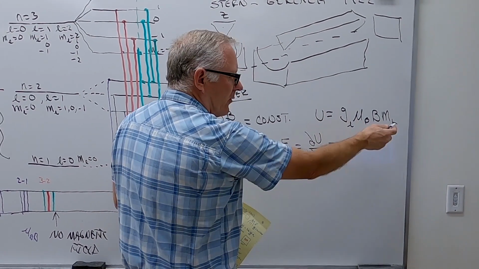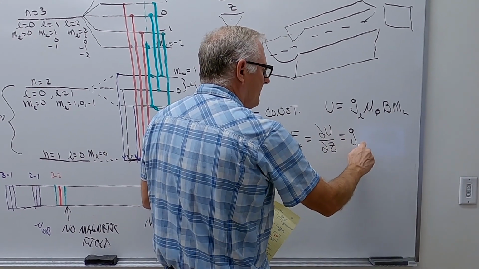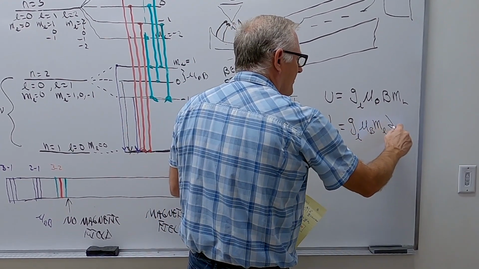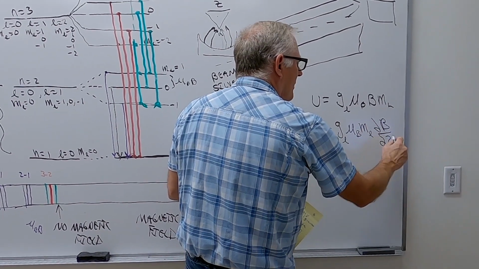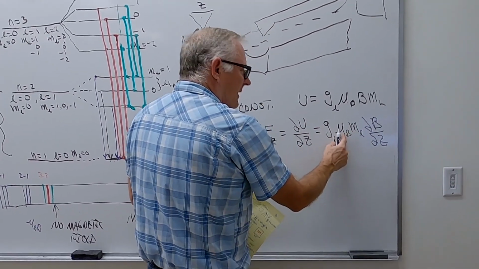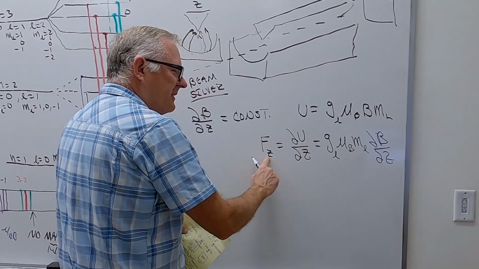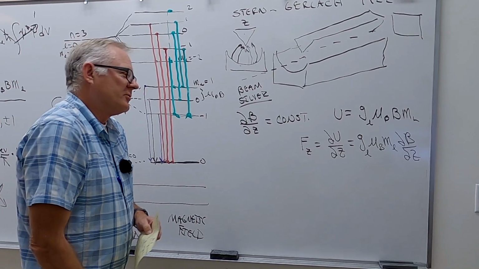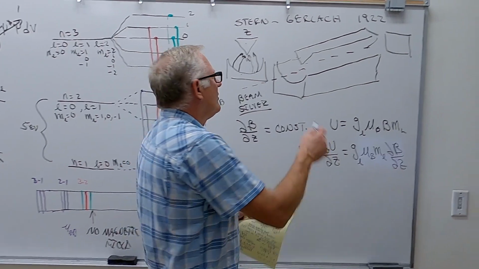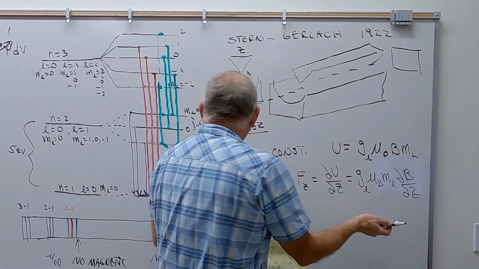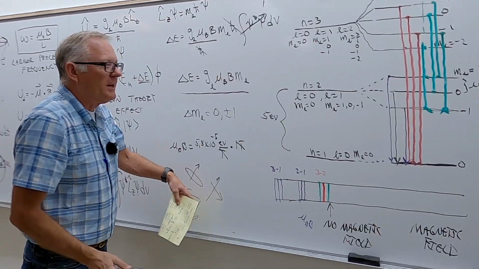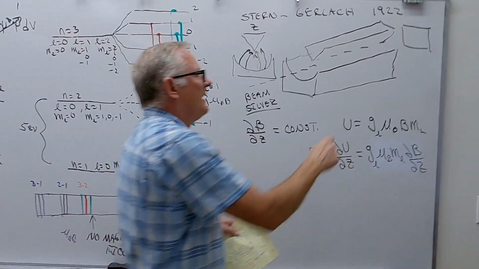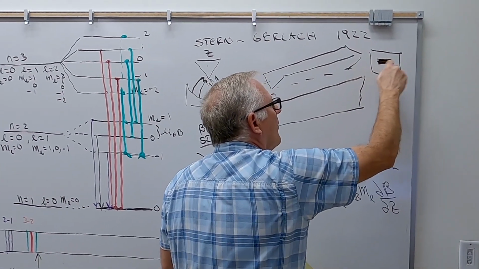If I take the derivative of this, we get g sub L, mu B, that's all constant, m sub L, and the only thing you're taking the derivative of is B with respect to z. This is a constant, that's a constant. So it looks like the force in the z is proportional to m sub L, which is related to the z component. Now, if it was classical, since the mu's are pointing in different directions, the forces would all be different on the vertical force, and you would get a whole mesh right there.